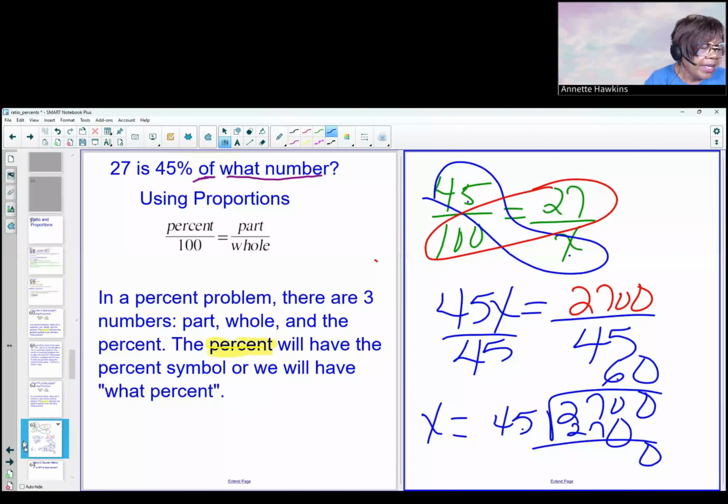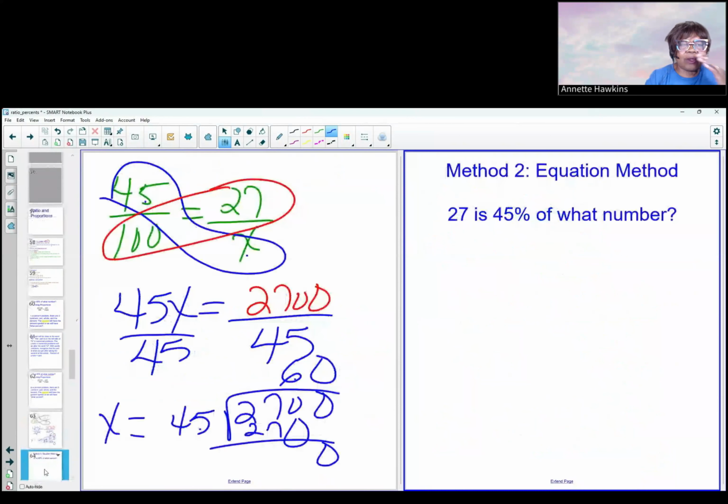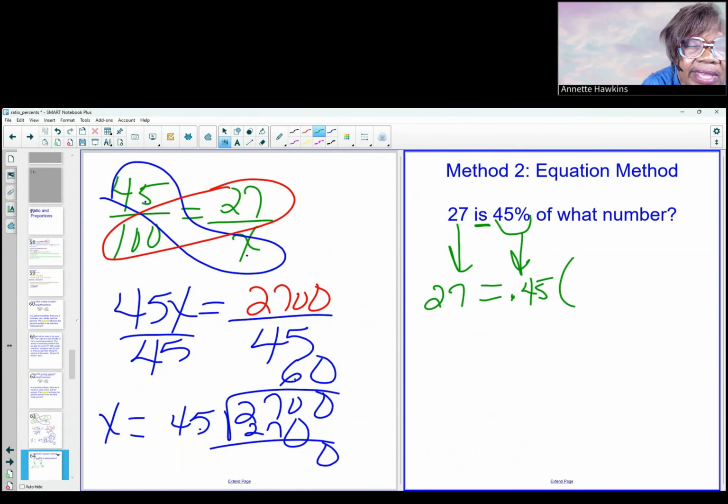Okay, now there is a second way that we can solve this, and some of you might like this. This is the equation method. How do we do the equation method? Okay, this is read and write. We say 27. The word is means equal. 45%, change it to a decimal, move the decimal 2 places to the left. Of means times what number?